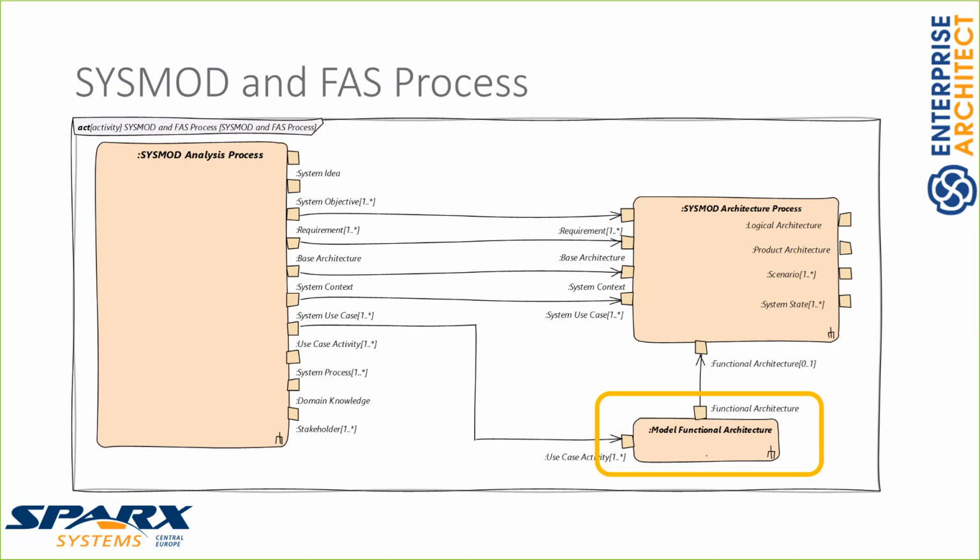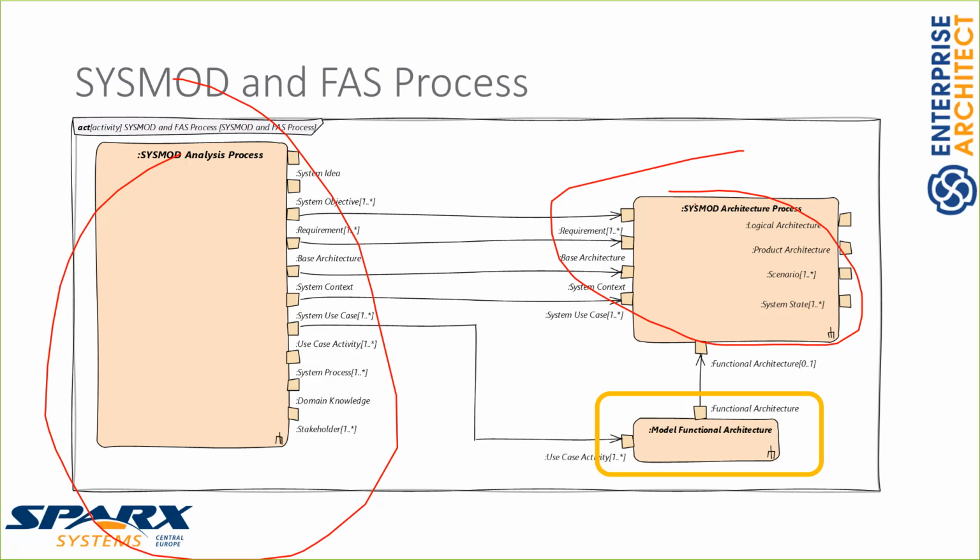It lies between the analysis and the architecture process. Input of the FAS method are the use case activities, and the output is the functional architecture. This is an optional input for the architectural work.